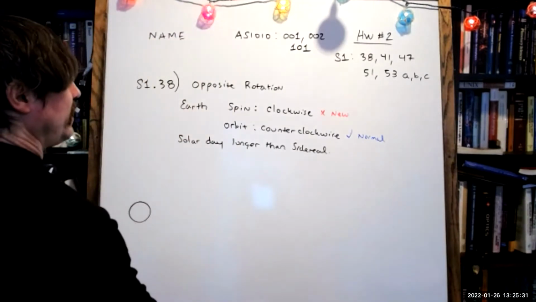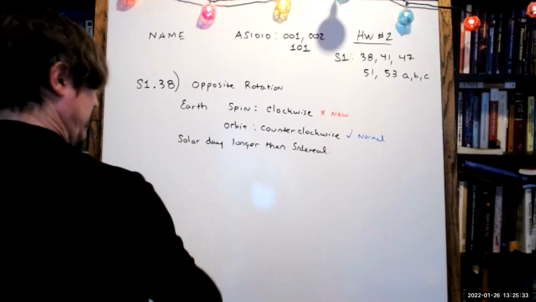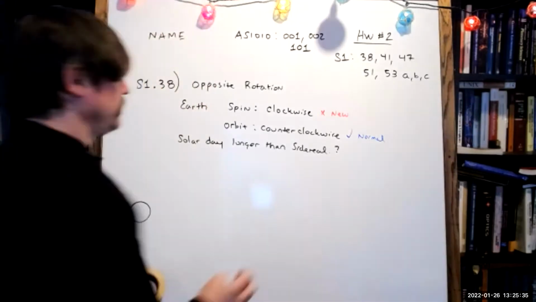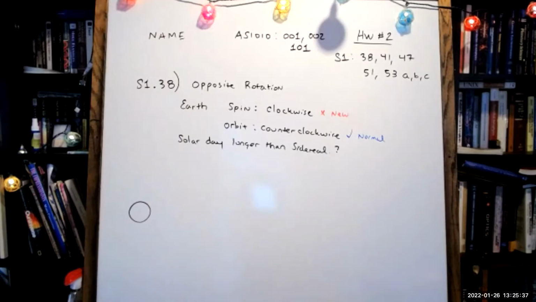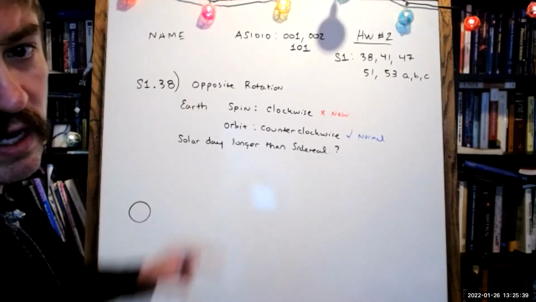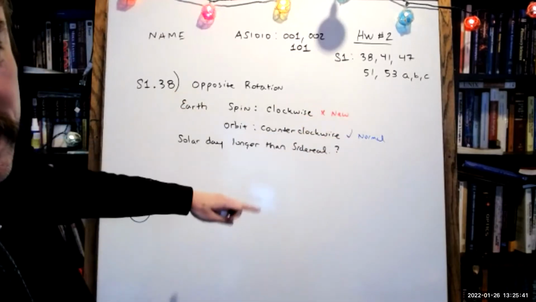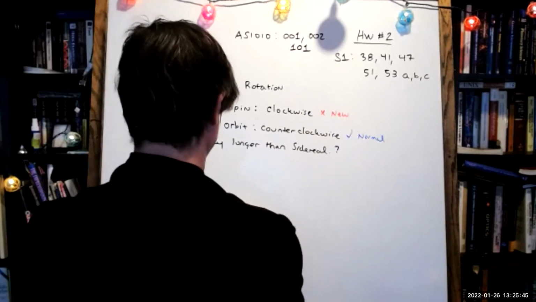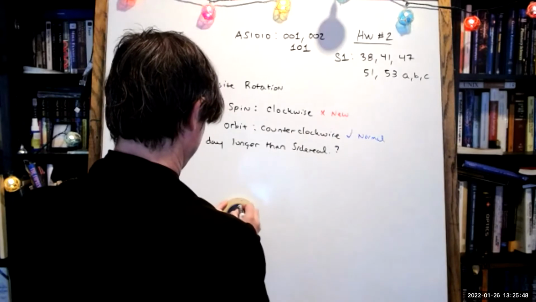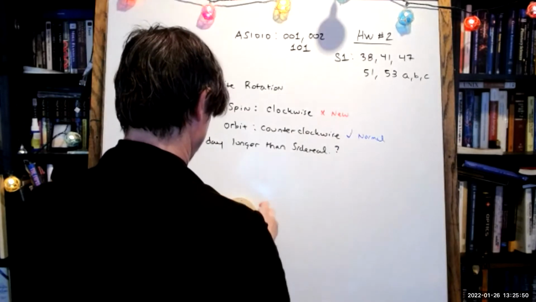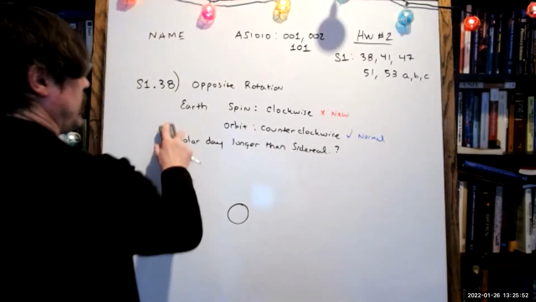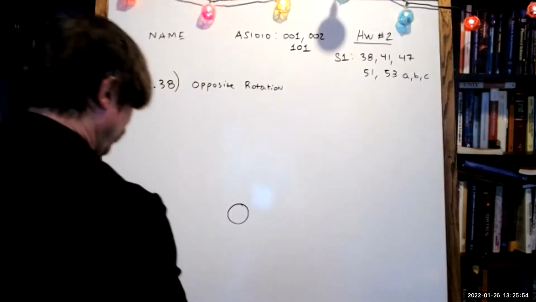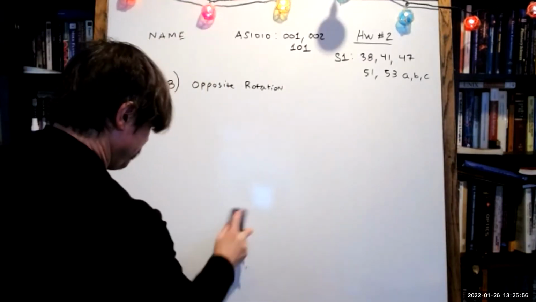In fact, I'm going to have to erase here. This is our question, by the way. I actually want to erase this because I need some headroom. You guys might want to start yours lower. I'm going to draw a set of Earths.